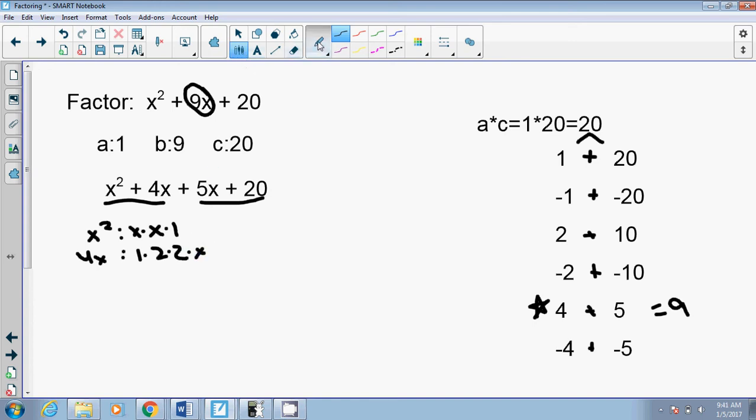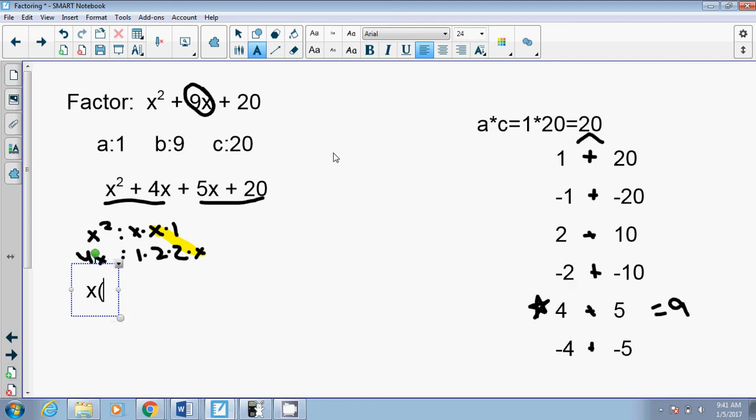And hopefully you see here that the GCF is x. So of my first 2 terms, I'm going to pull out the x. And what's left over, look at the stuff that's not highlighted. We have 1x, which is just x. And then 1 times 2 times 2, which is a positive 4.